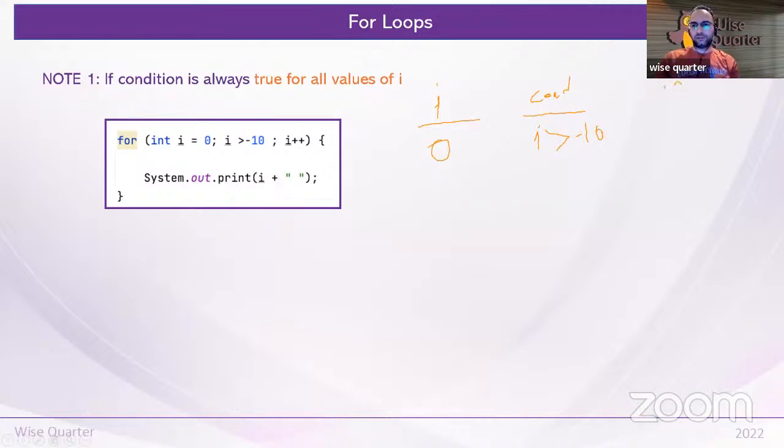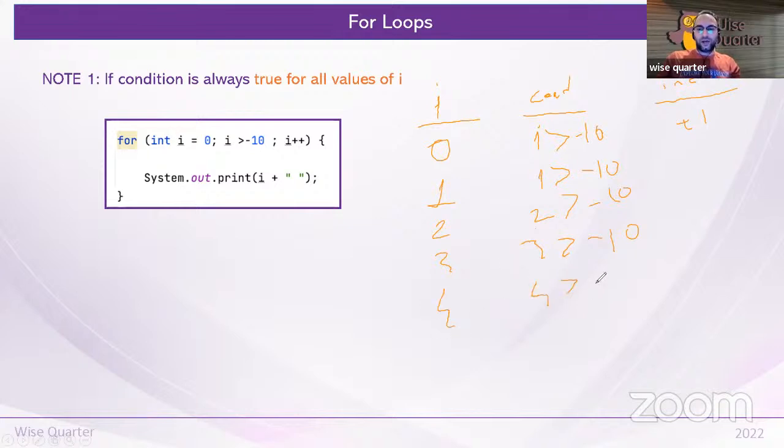And the increment is plus 1. The next time, i will be 1. And 1 is still higher than minus 10. 2 is higher than minus 10. 3 is higher than minus 10. As you can see, the gap between them is increasing. No matter what, the condition will always be true. And actually, this is an infinite loop.